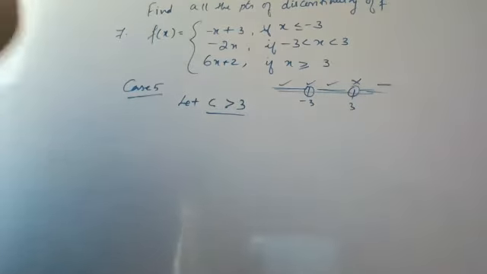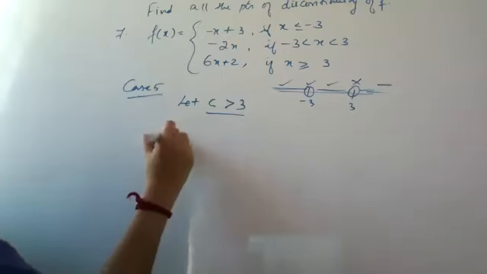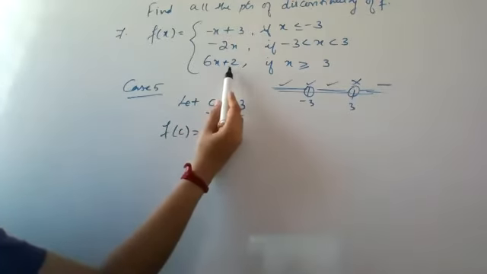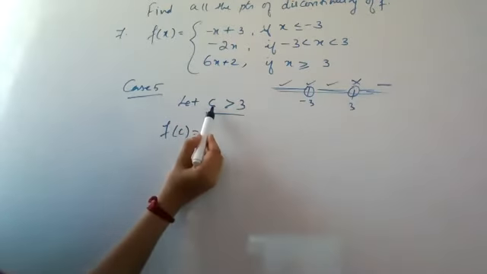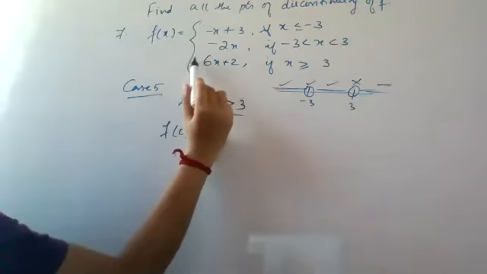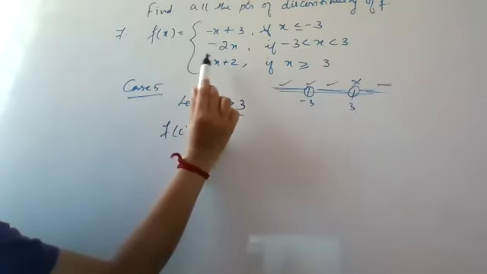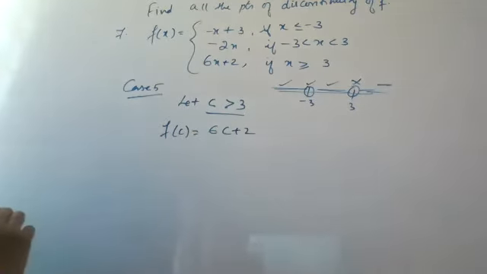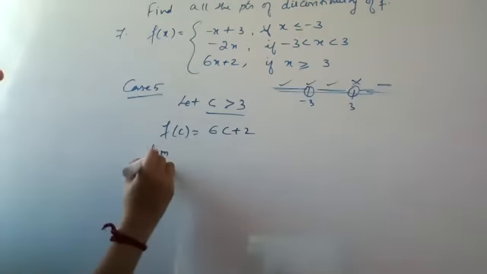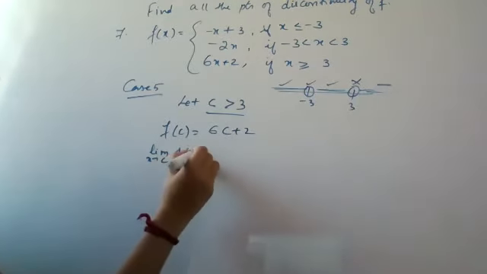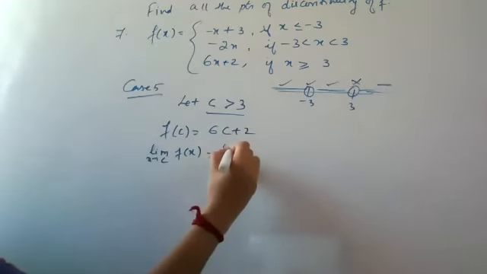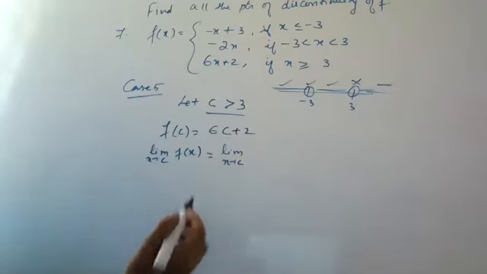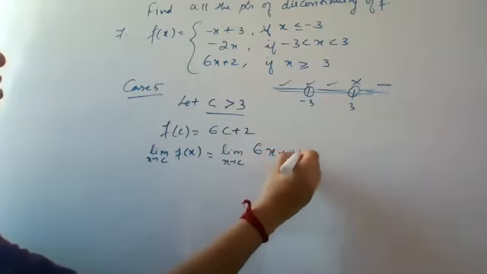Okay? Here you will get again f of c, you will choose a number. c is a number which is greater than 3. So for any number greater than 3, you have the function to be 6x plus 2. So you'll get 6c plus 2 as your f of c. Now limit x tends to c, f of x: again 6x plus 2.